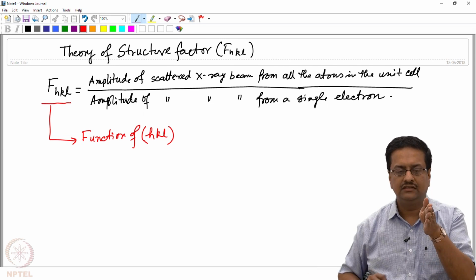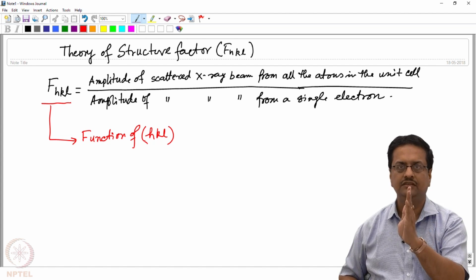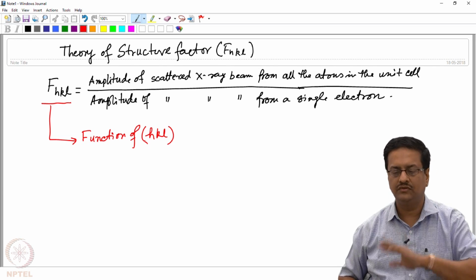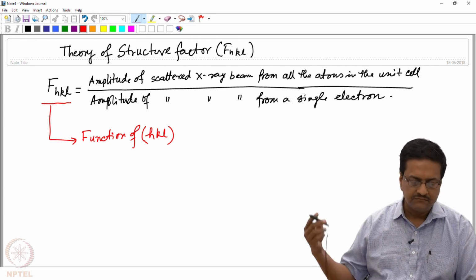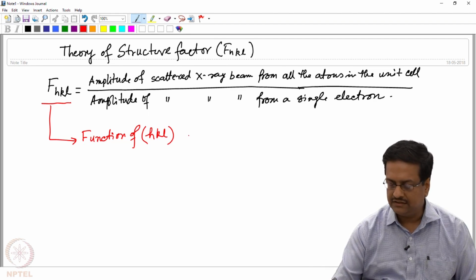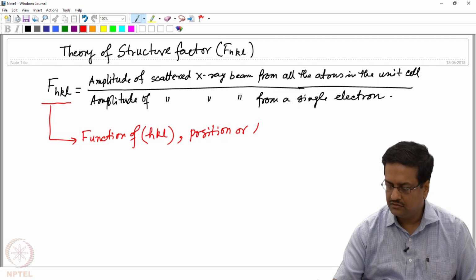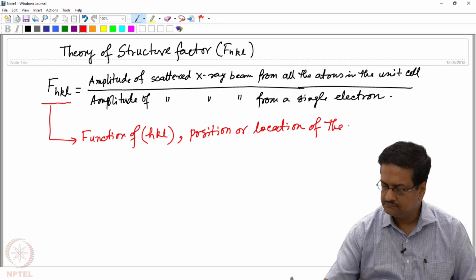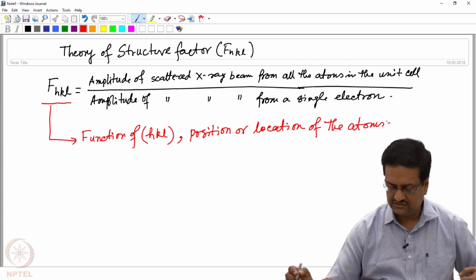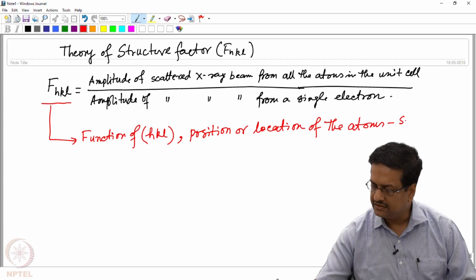So, the structure factor for this plane will be different from that plane. All possible planes will have different scattering factors. So, it is a function of the Miller indices of the planes, and the position or location of the atoms, because these atoms are actually the scattering centers.